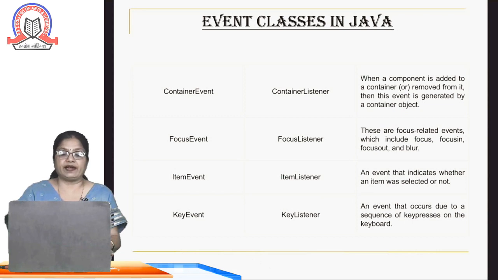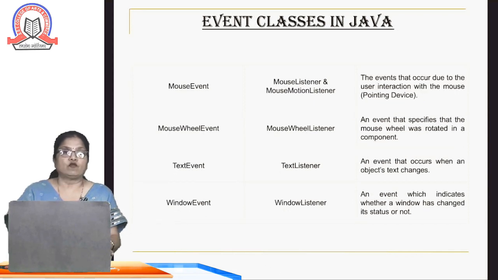For item event, there is item listener, an event that indicates whether an item was selected or not. For key event, there is a key listener, an event that occurs due to a sequence of key presses on the keyboard. For a mouse event, there are two listeners. First is mouse listener and second is mouse motion listener.